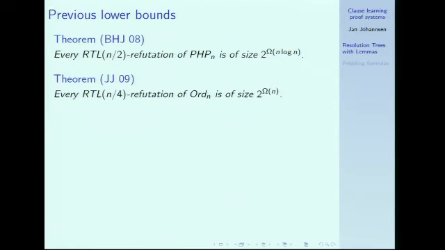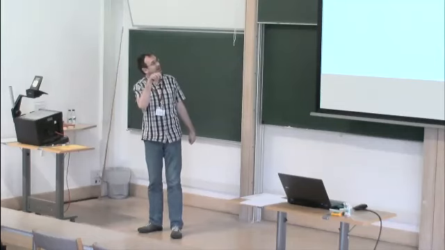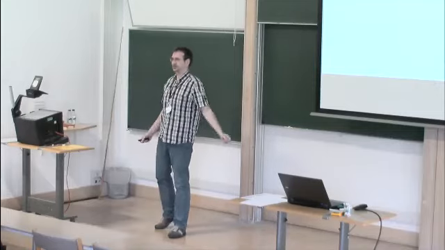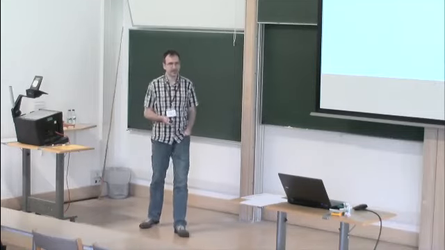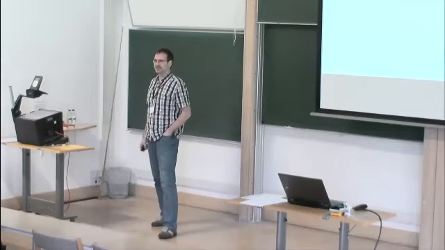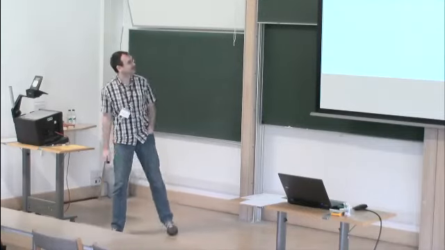And in both cases, the lower bound obtained here is of the same asymptotic order of magnitude as the known lower bounds for tree resolution. So in these cases, learning short clauses is no better than no learning at all. The latter result was then generalized together with Eli Ben-Sasson.